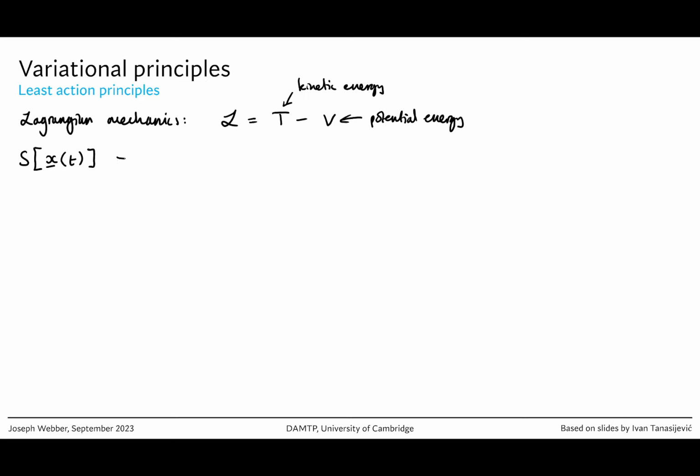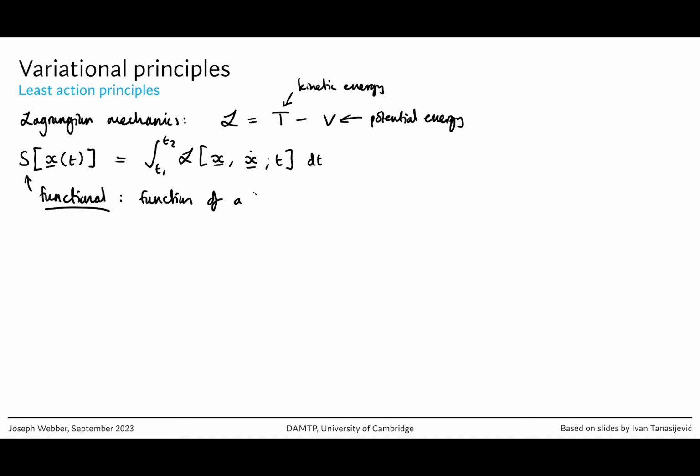And this functional is equal to the integral between the initial and the final time of the Lagrangian, which is itself a function of this function, and also maybe of its time derivative, and also potentially of time itself, integrated over time. Now, a functional is basically a function of a function.